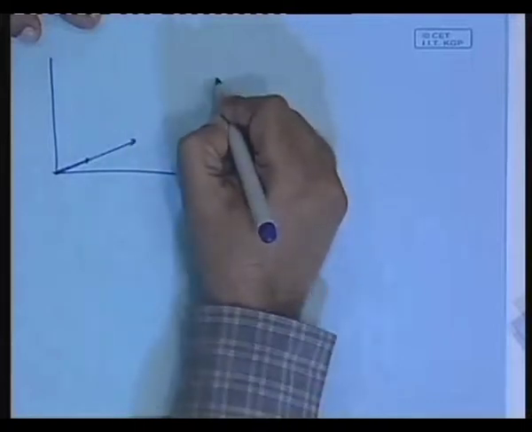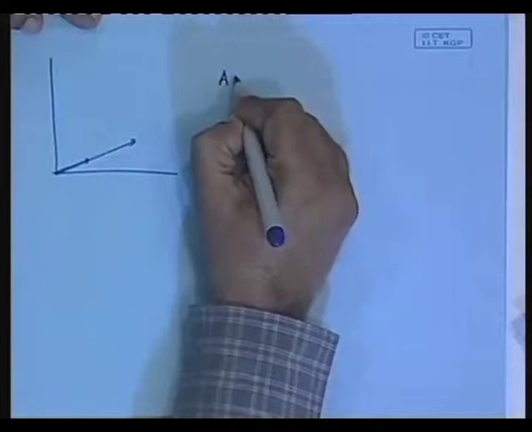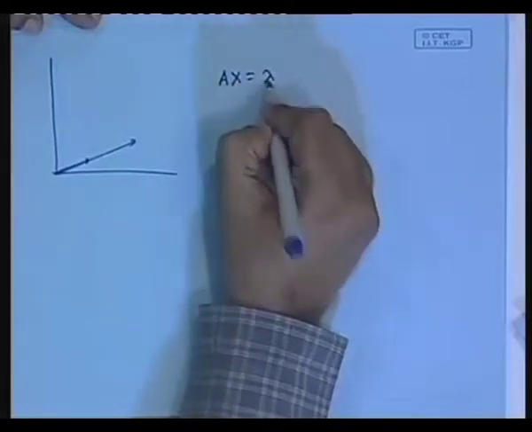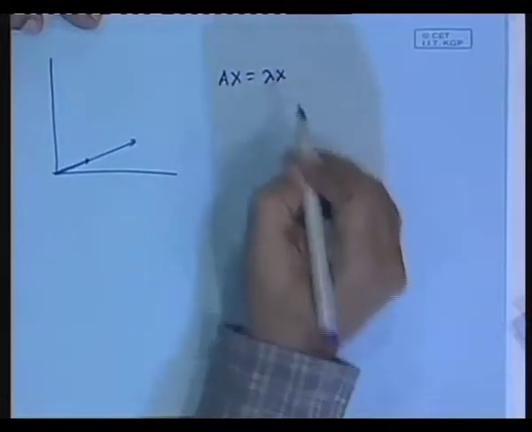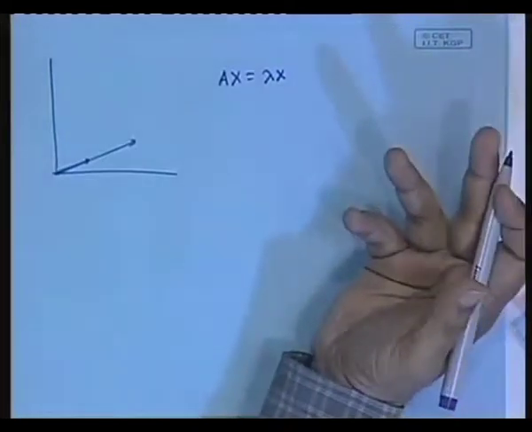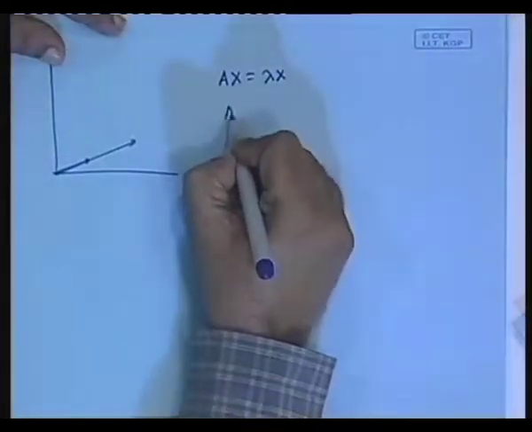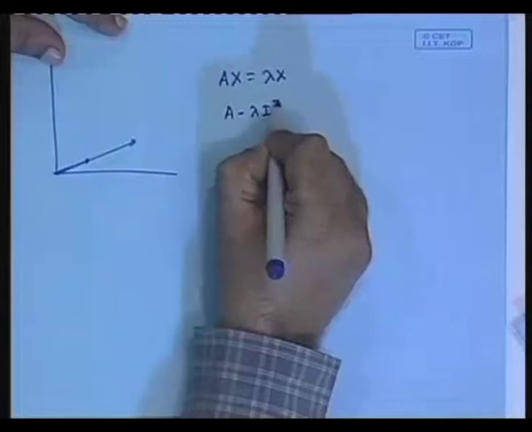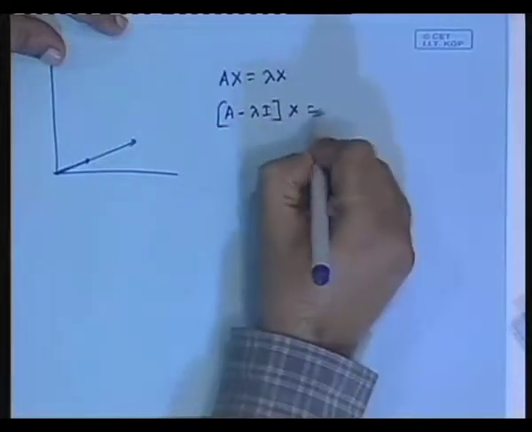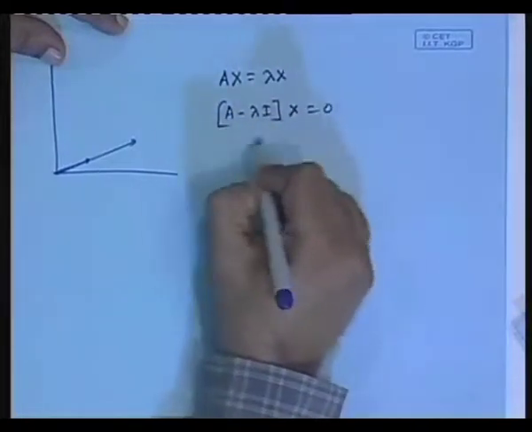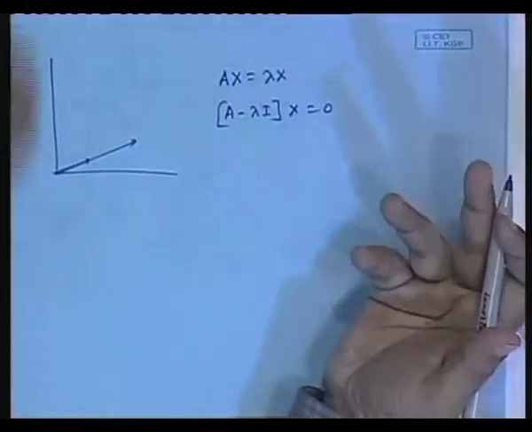So A operated on x is lambda x. We essentially do this, and then we say (A minus lambda I) x is equal to 0. So this fellow's determinant should be 0.